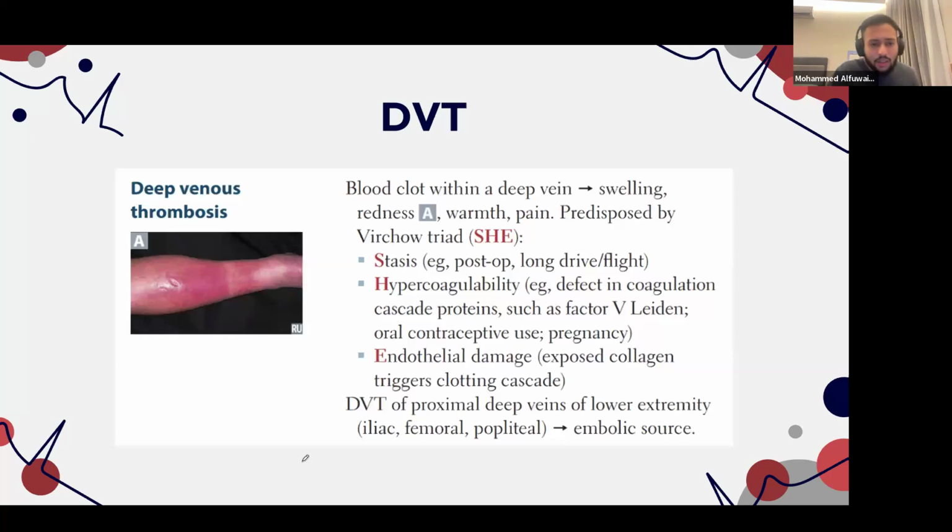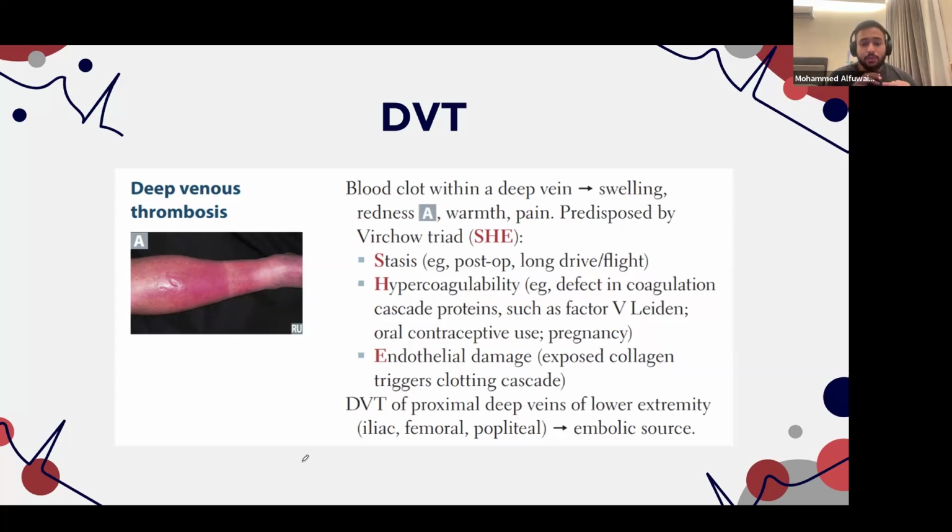Okay. Now going on to the endovascular, we have DVTs. DVT is basically a blood clot that happens in the deep veins in the lower legs. The risk factor for DVT is what I need you guys to fully remember, which is Virchow's triad. Stasis, most commonly a long flight or drive, or surgical, so post-operative.